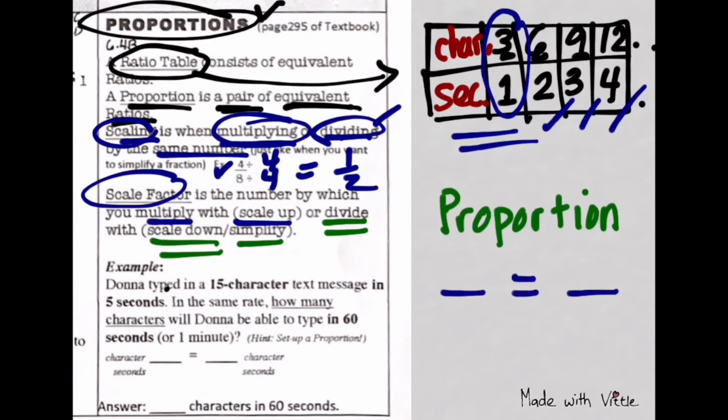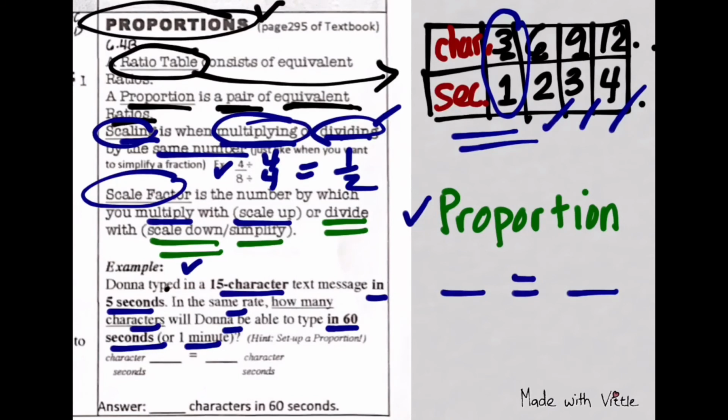Now let's go ahead and look at the next example, and we're going to use a proportion to solve it. Okay? So Donna typed a 15-character text message in 5 seconds. At the same rate, how many characters will Donna be able to type in 60 seconds, which is also equivalent to 1 minute?